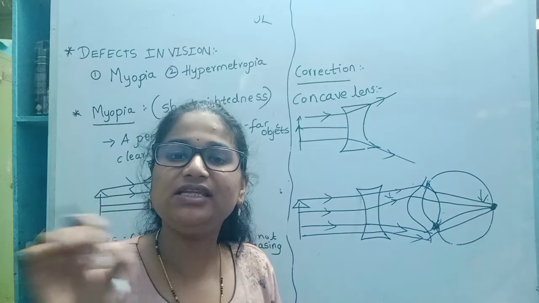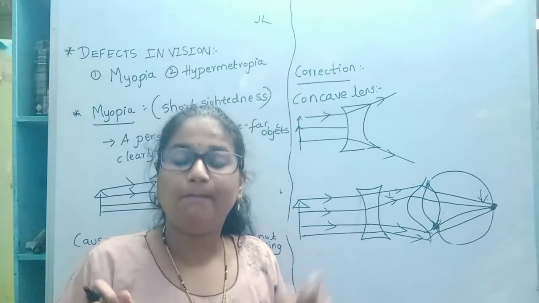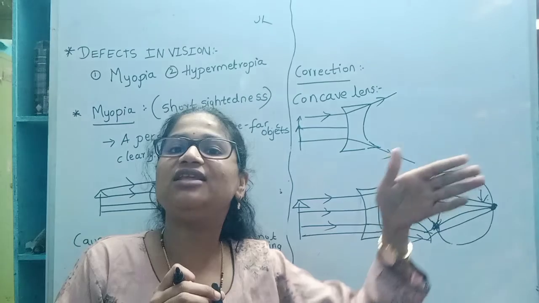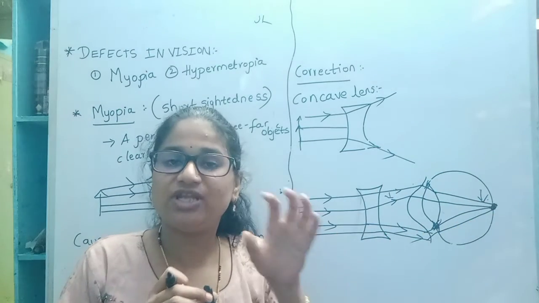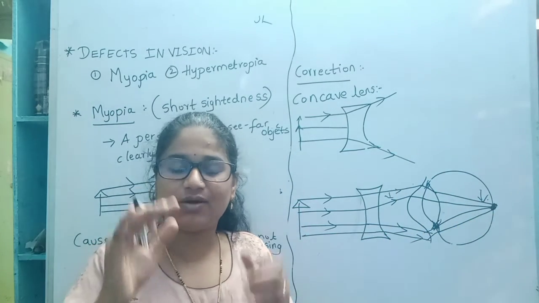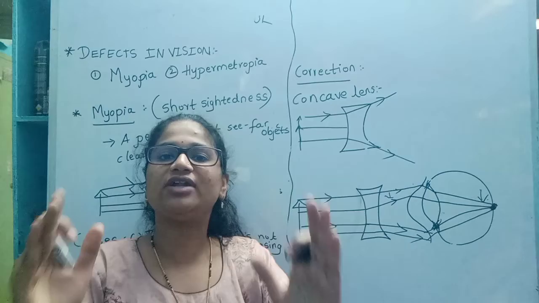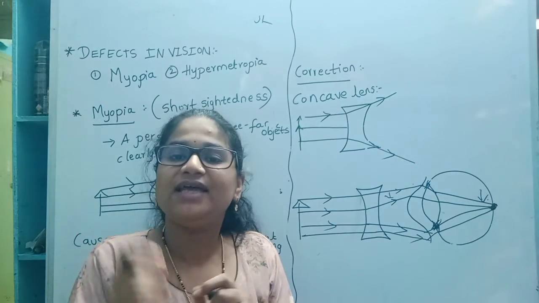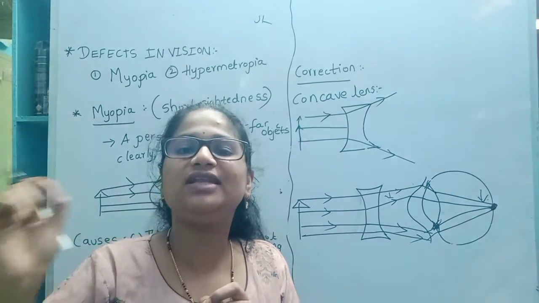My power is minus 2.5. It is related to the focal length and the magnification. Depending on the distance at which you are not able to see objects clearly, they will suggest the power of the lens.